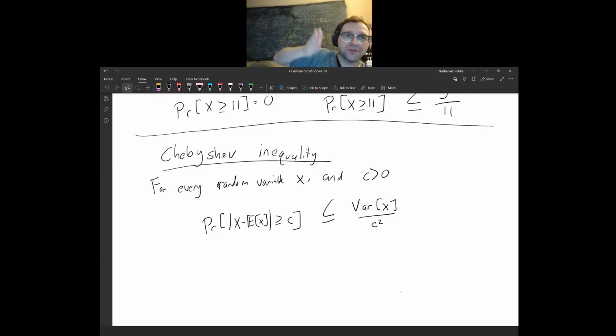The thing that tells us it's less than 1 over 20 is better than the thing that tells us it's less than a half. Really, the probability is 0. For this example, we know that. But this is what's meant by Chebyshev being a tighter bound.